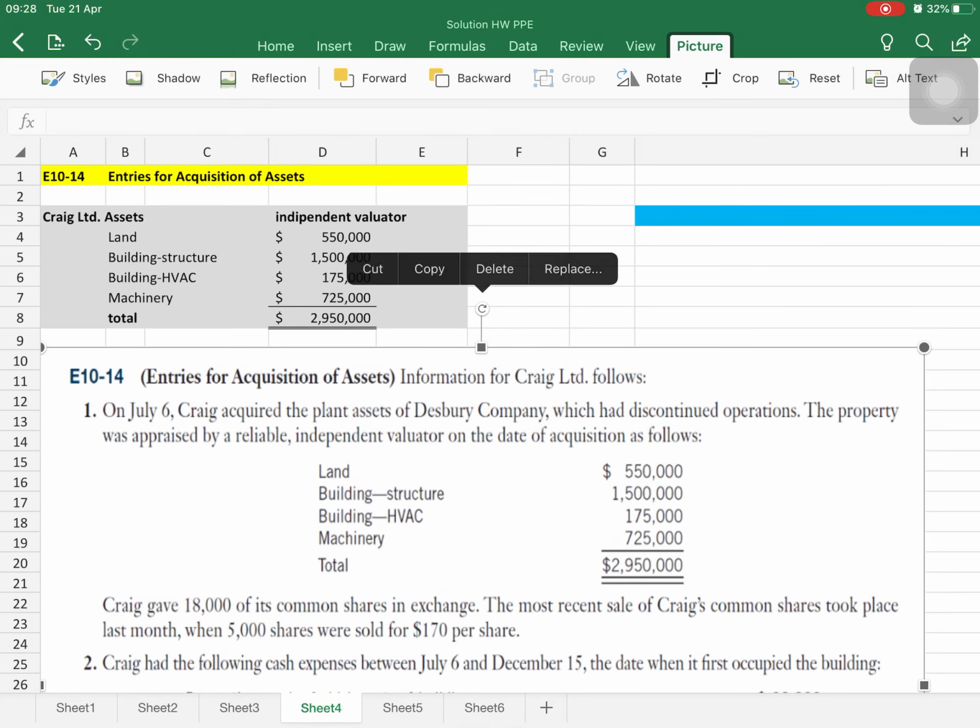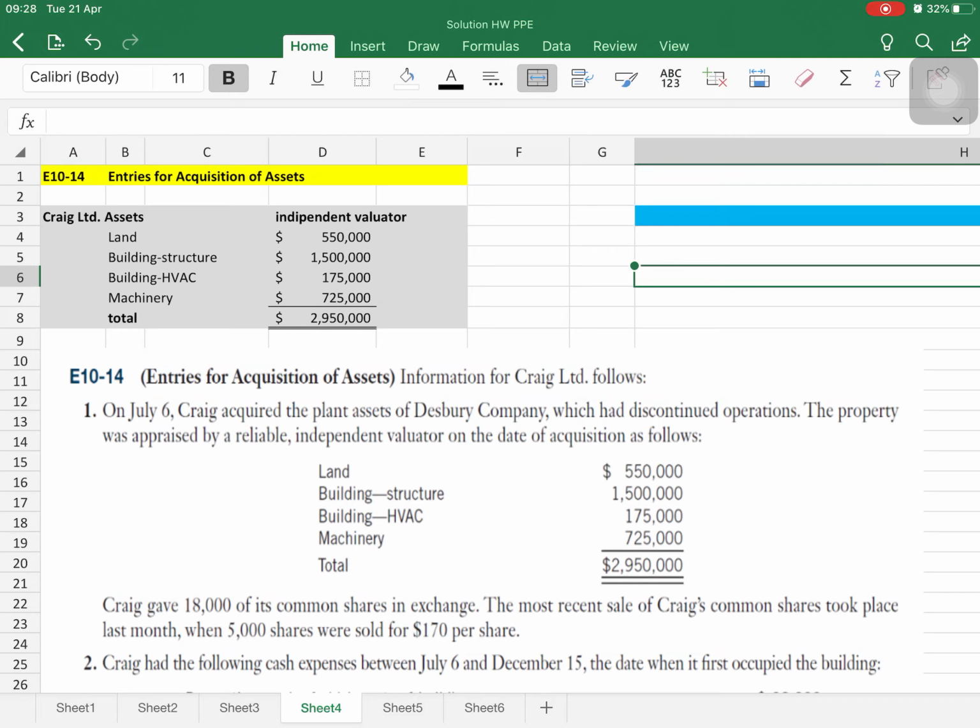But for this question, they don't let you know the market price of the share. They only let you know the share price of last month. So we cannot follow the price of last month because the price of share fluctuates.